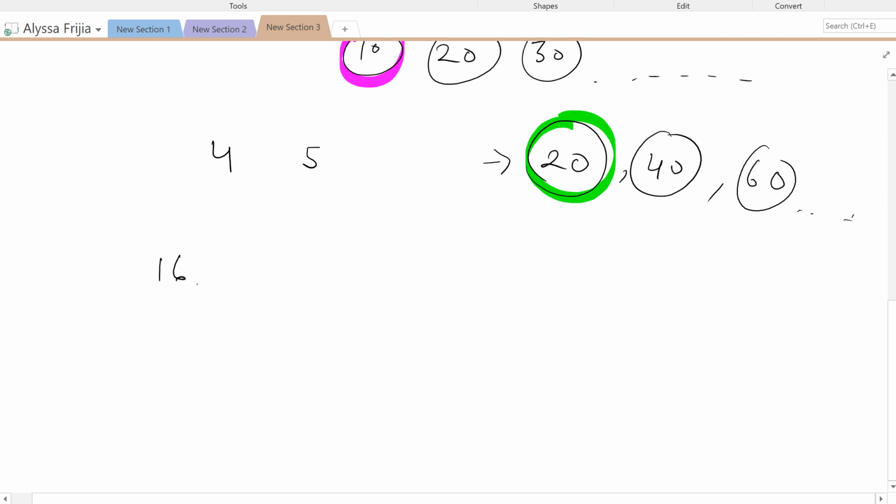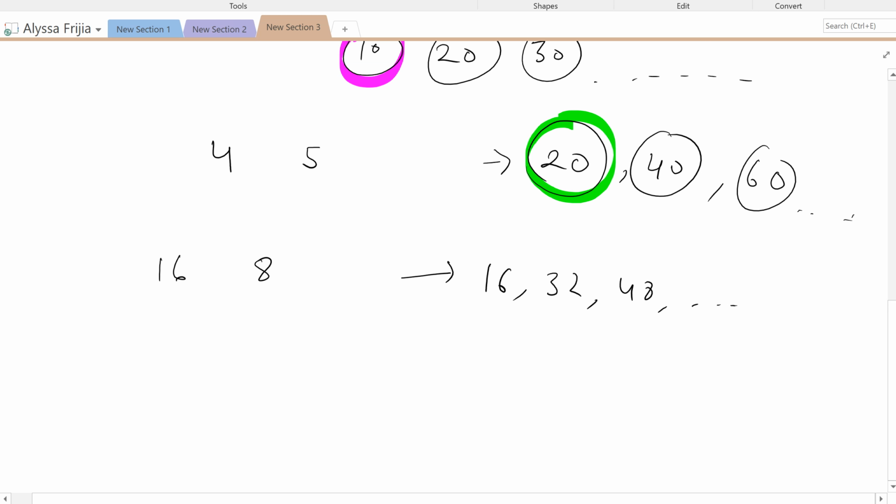They both divide 16, and what else? 32, 48, and so on.